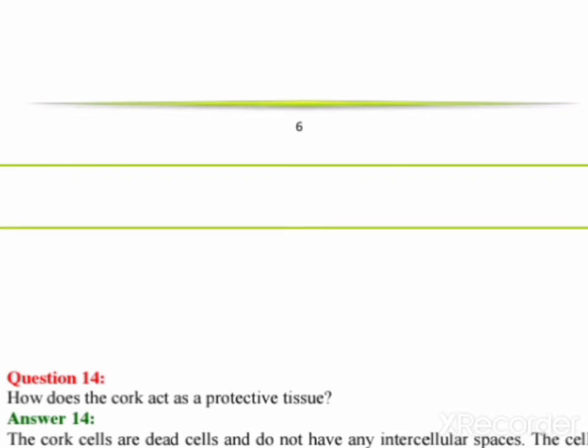This is a protective hard dead cell coating, which helps protect our plant from any environmental condition. So the epidermis forms the outer lining covering of various plant organs such as root, stem, leaves, flower, and all the remaining parts present in our plant.